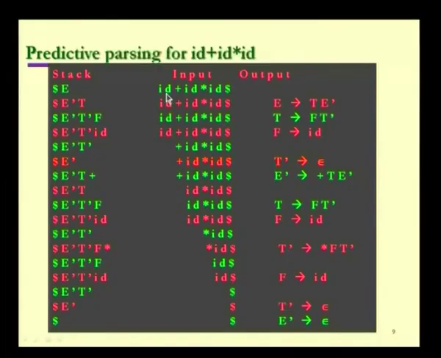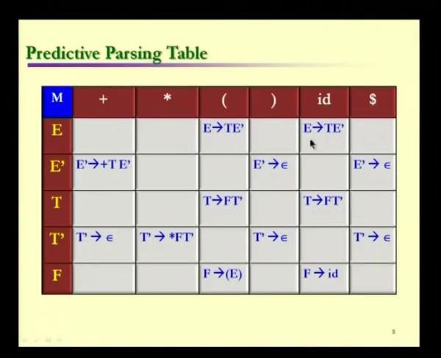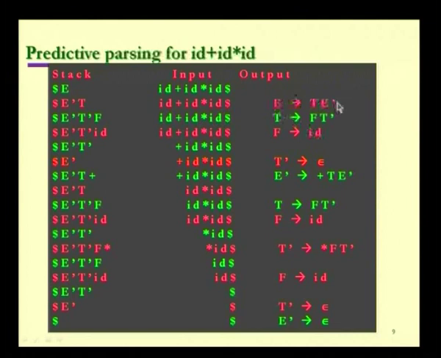We have taken one string, id plus id star id, and the stack has been initialized to $E. Now the intersection is going to be E and id, where we have the production E derives T E dash. That is the production being written here.